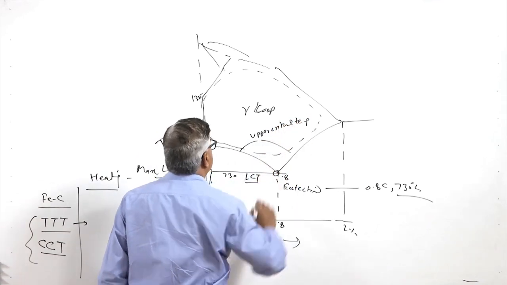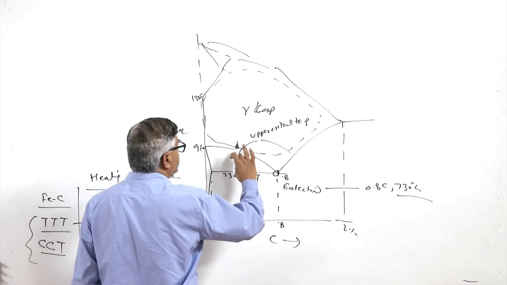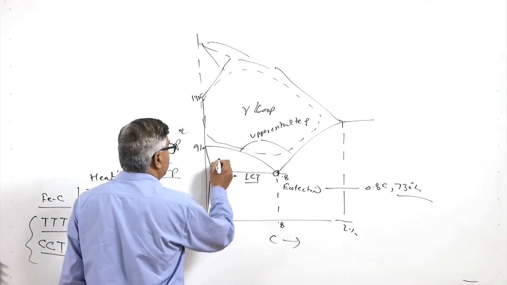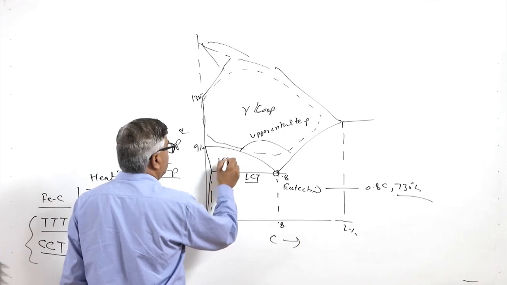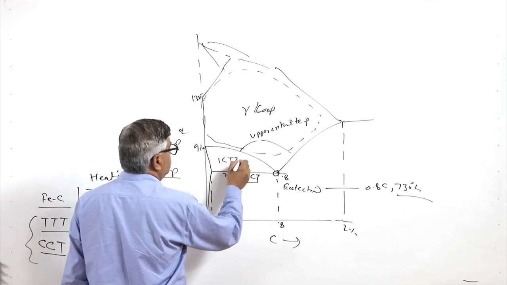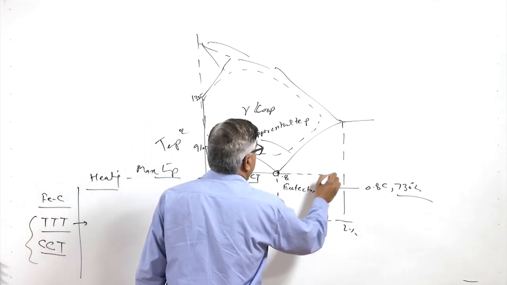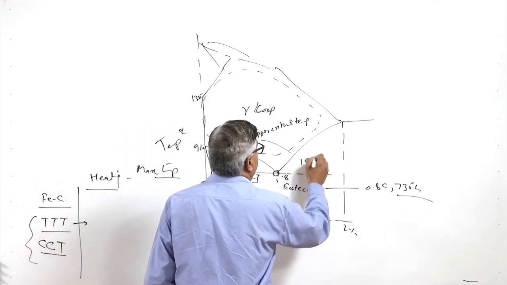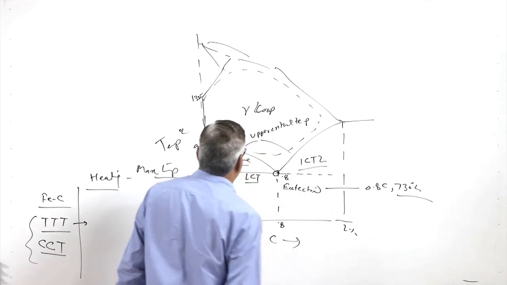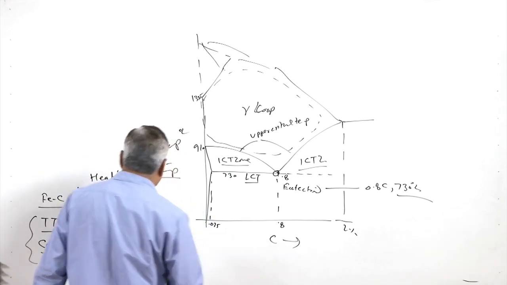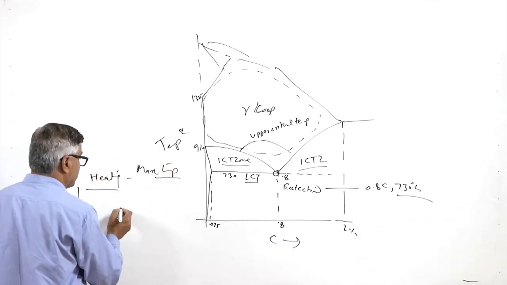The region between the lower critical temperature and upper critical temperature lines is called the intercritical temperature zone or region. So, all this region is the intercritical temperature zone.